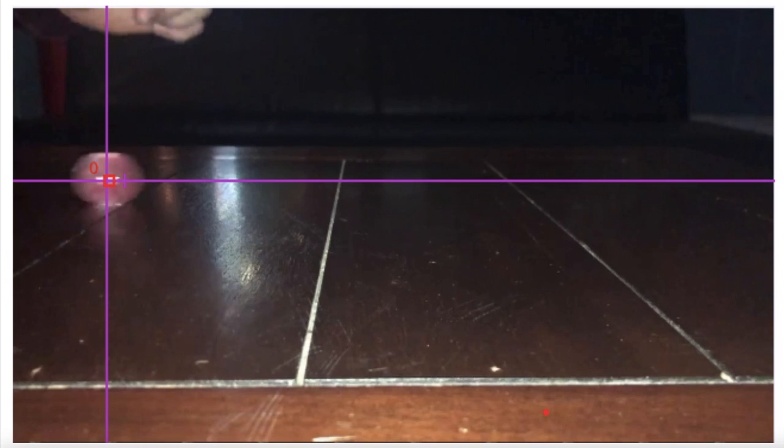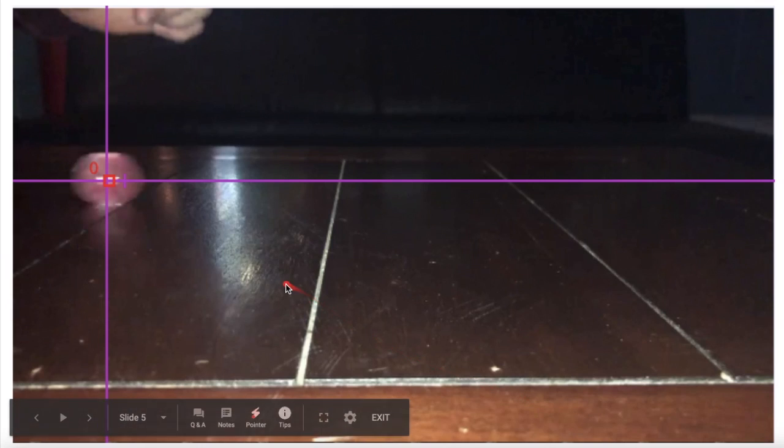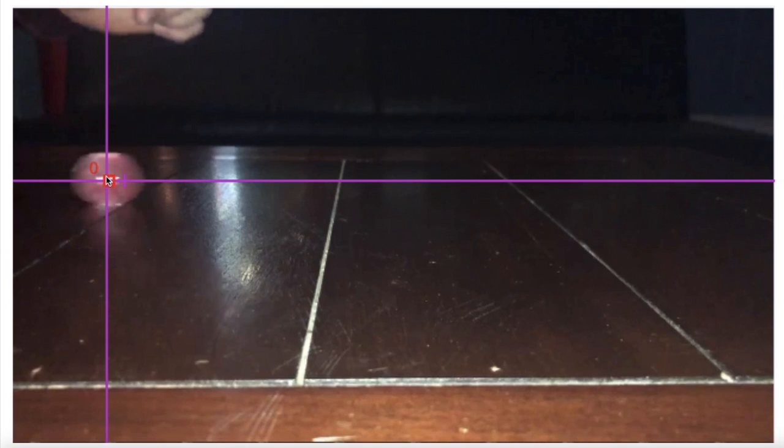Now we have to put this in Tracker to observe the movements of the ball. We put our axis in the middle of the ball, with positive x going to the right and positive y going up. If the axis were reversed, then our velocity would simply be negative, but it would still be the same magnitude.